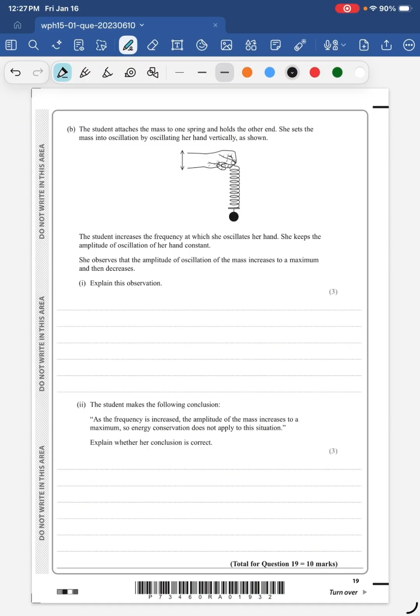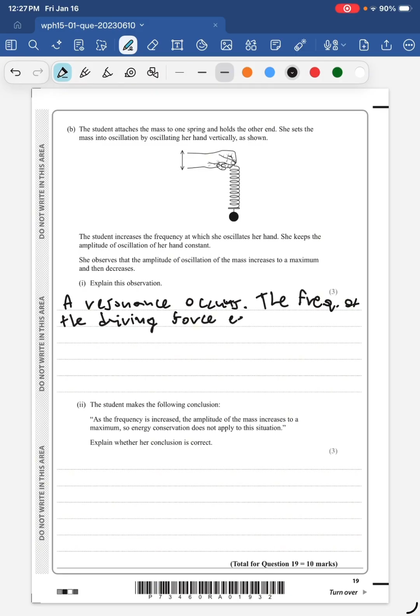So resonance occurs, okay? So the frequency of the driving force equals the natural frequency of the spring.